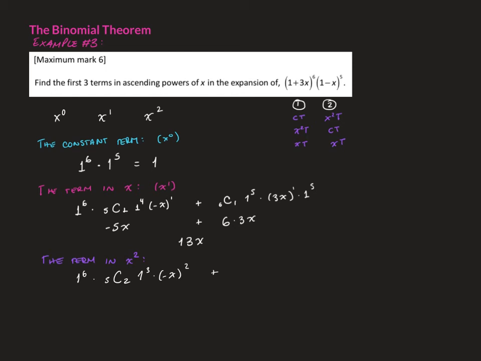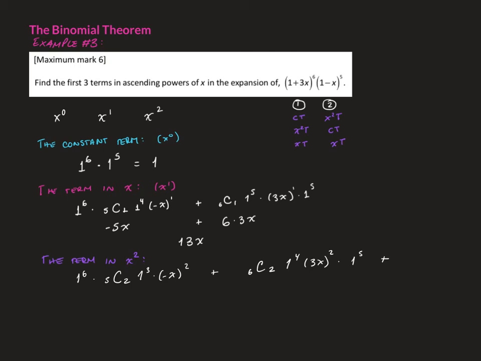Now, the second case, the x squared term in the first binomial times the constant term in the second binomial. So that is going to be the combination of 6 and 2, 1 to the power of 4 times 3x to the power of 2 times the constant term, which is 1 to the power of 5.